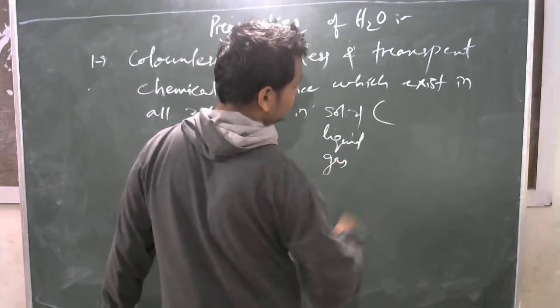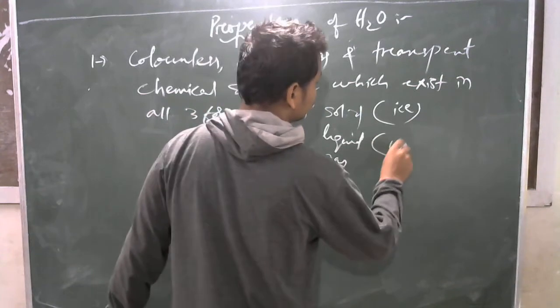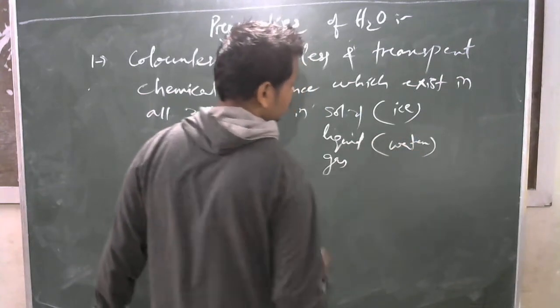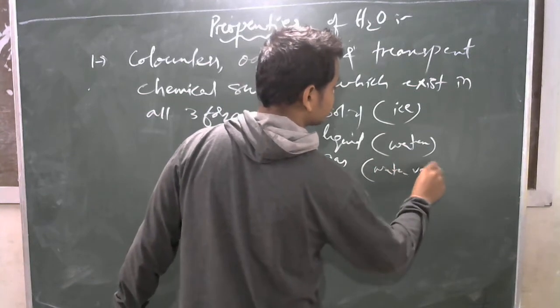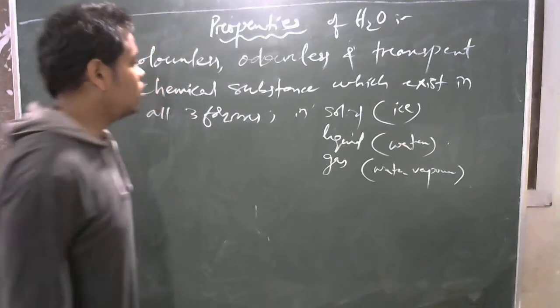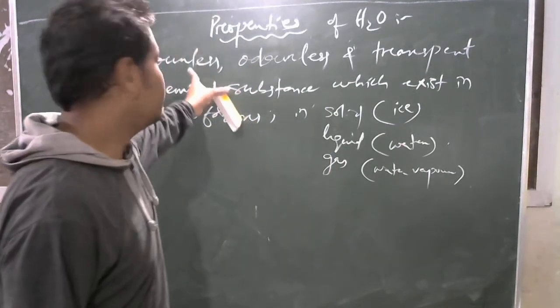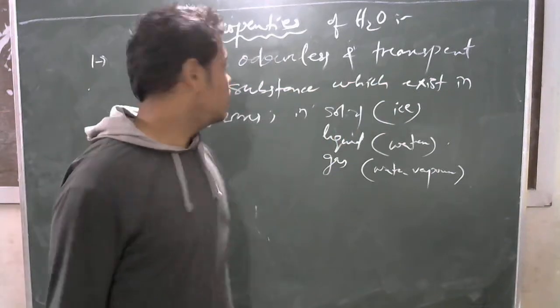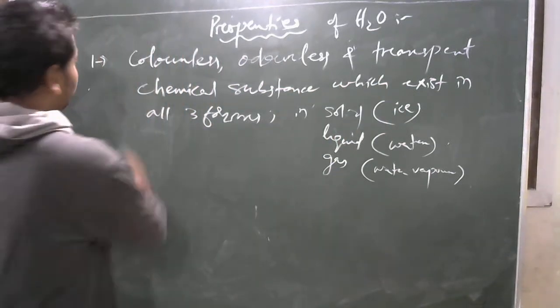In the form of solid it is called ice, in the form of liquid it is called water, in the form of gas it is called water vapor. Water exists in all three forms, solid, liquid and gas, and it is a colorless, odorless and transparent chemical substance. Okay, first point is clear, first property.